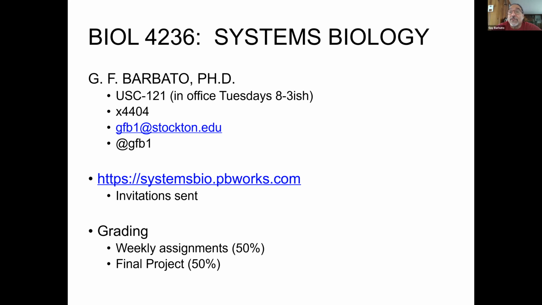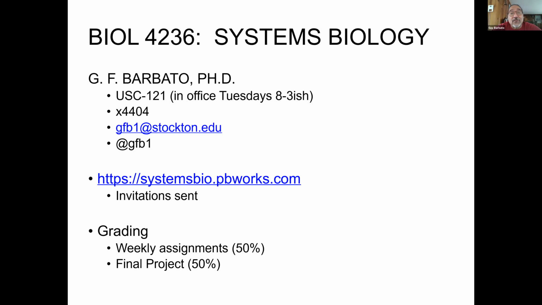So at least if you need to see me in person, I will be around in the office on Tuesdays. My extension on campus is 4404, although I should warn you that I never answer the phone, especially because I'm not there. So send me emails. The best way to get me is to email me. Real easy. You don't even have to remember how to spell my last name. I have a nickname from my account.